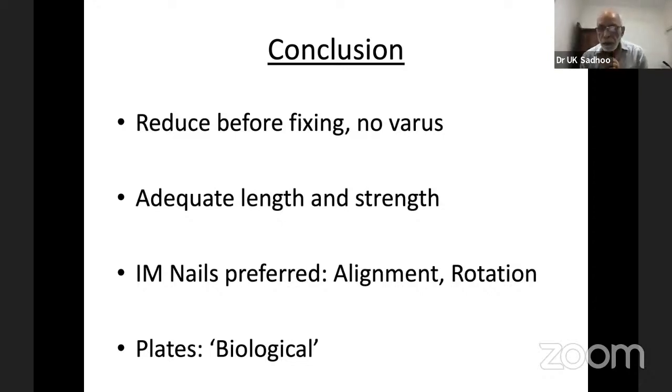My philosophy in this is, I try closed reduction, but I give myself a time range by the clock. I don't keep at it for hours together. I give it a certain time, depending on the difficulty of the fracture, or the so-called personality of the fracture: 10 minutes, 15 minutes, you choose.